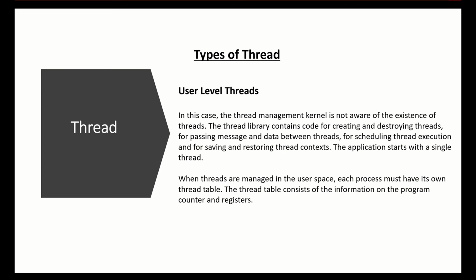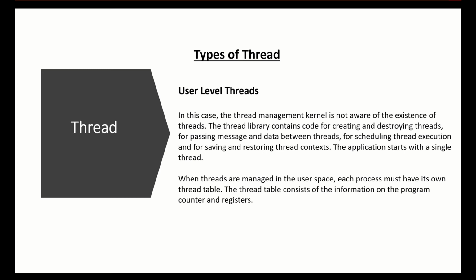When threads are managed in the user space, each process must have its own thread table, and the thread table consists of the information on the program counter and the registers. So in this case, when the program is executing at the user level, it's simply the application that knows the existence of the threads, the registers they are occupying, and how many threads have been created by that application.